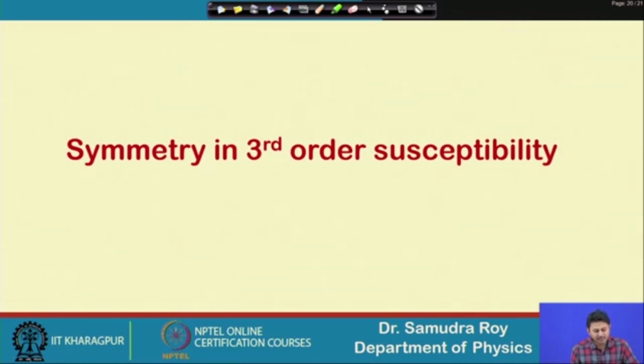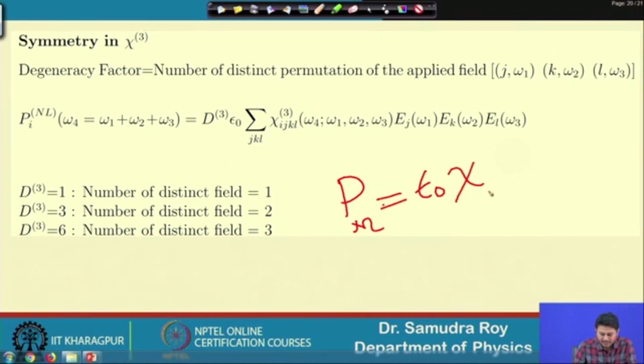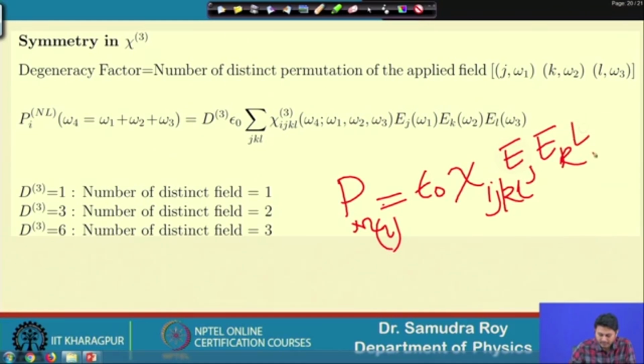Now we will quickly study the symmetry of this chi3. Before going to the symmetry, we try to understand a few things. One is if my nonlinear polarization is written in this form, P nonlinear is epsilon 0 chi i j k l, this is the ith component, times E j E k and E l.